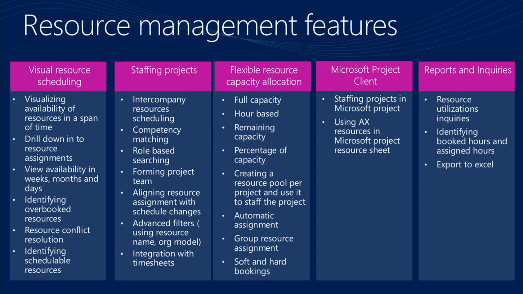We made one improvement, or one new inquiry, in R3, which basically, in a nutshell, shows the projects, how many hours have been booked. And think about booked, meaning capacity of resources against the entire project, and how much of that booked hours is being consumed on the work breakdown structure of the project.